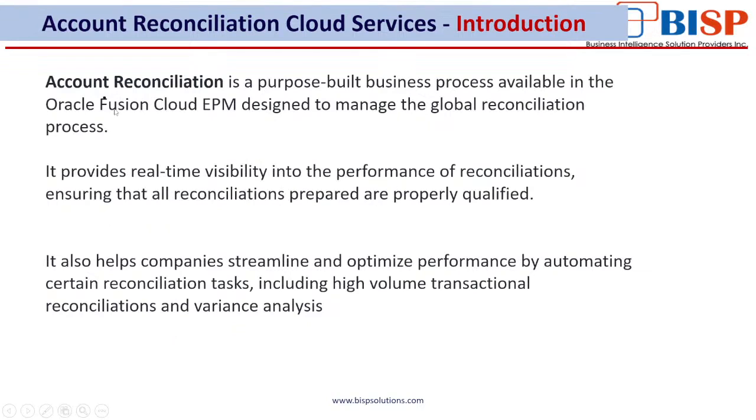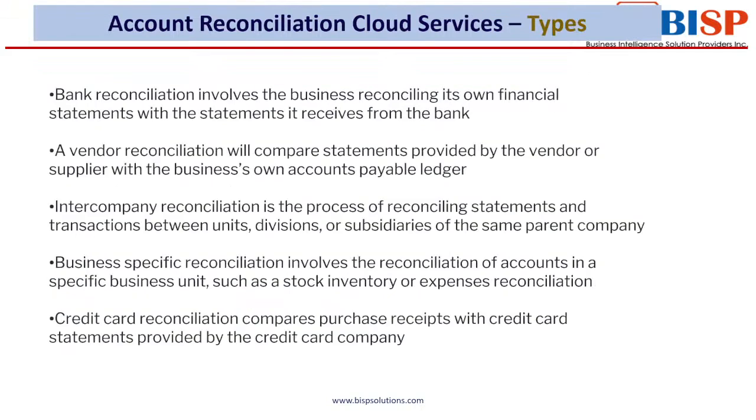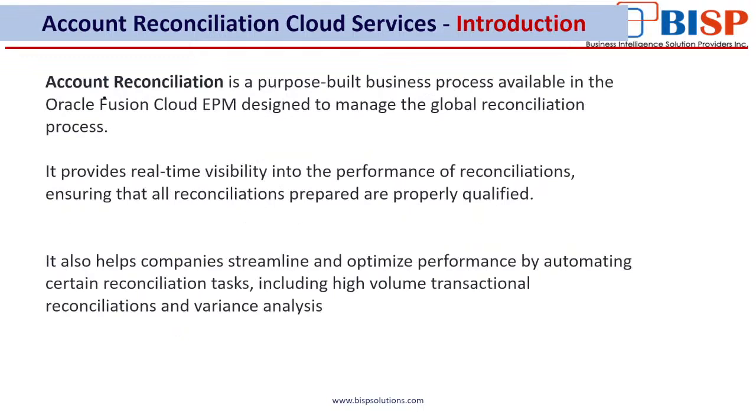Now we will come to account reconciliation. We have seen why reconciliation is needed, and what the different drawbacks of manual reconciliation are. When we talk about ARCS, Account Reconciliation Cloud Service, it is a purpose-built business process available in Oracle Fusion Cloud, designed to manage the global reconciliation process.